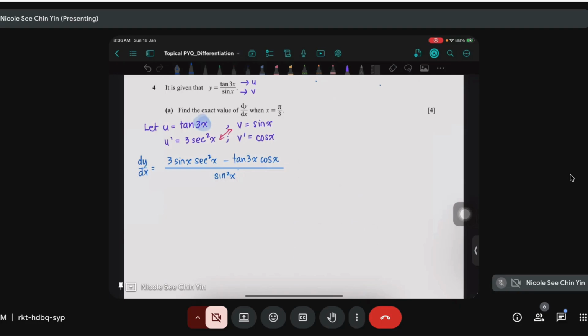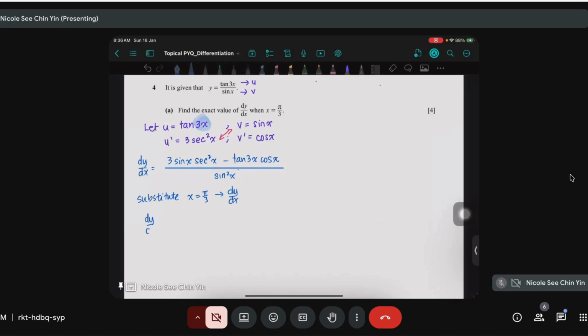Once we've done this part, what we're going to do is substitute x equals pi over 3 into my dy dx.